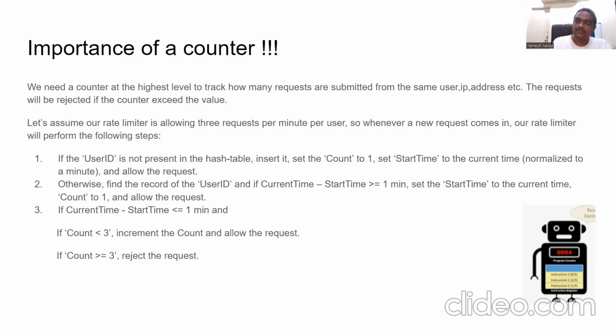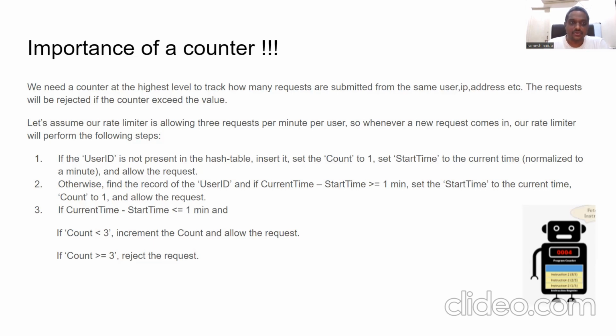And ultimately, when the counter reaches the threshold value, we block the request. So the most important thing here is the counter, because that is how we track how many requests are submitted from the same IP address or from the same user, how many should be allowed, and how many should be rejected. So all of this depends on the counter. So the counter needs to perform well.